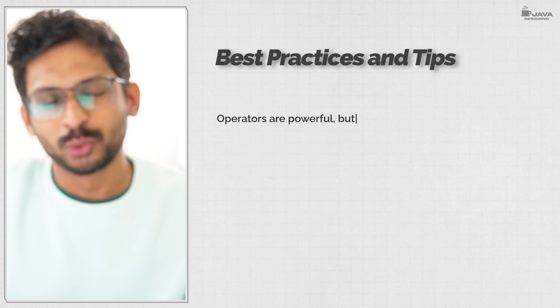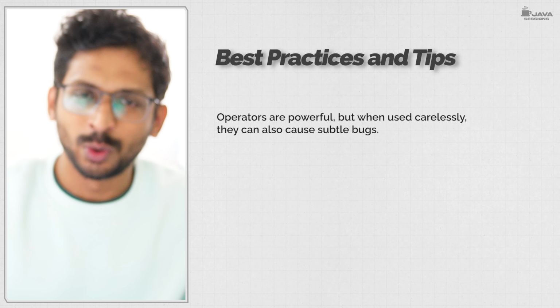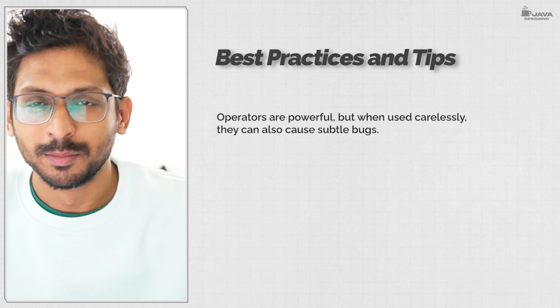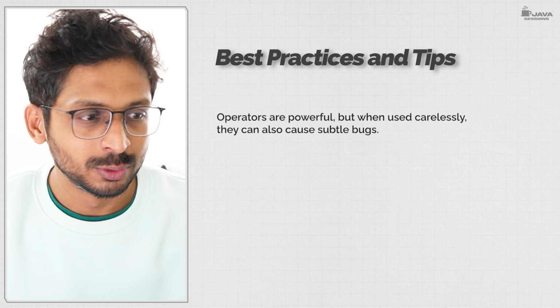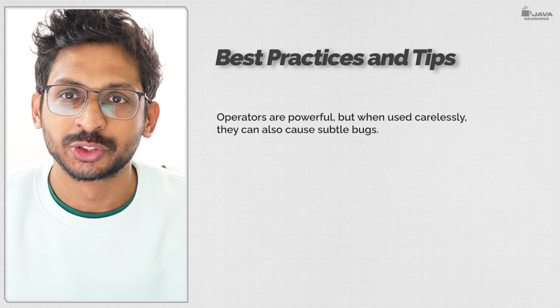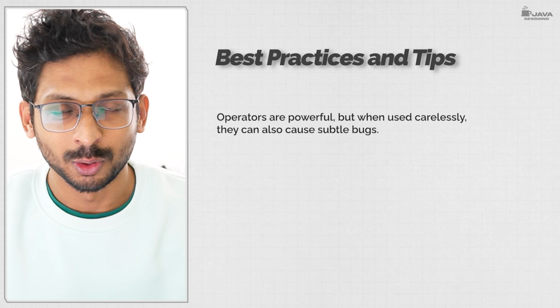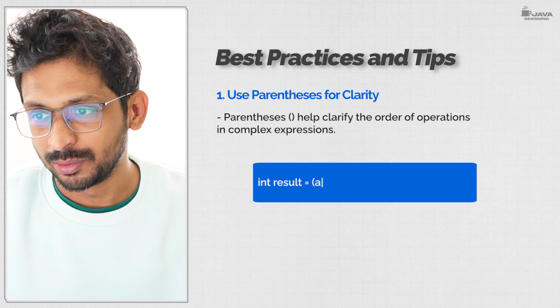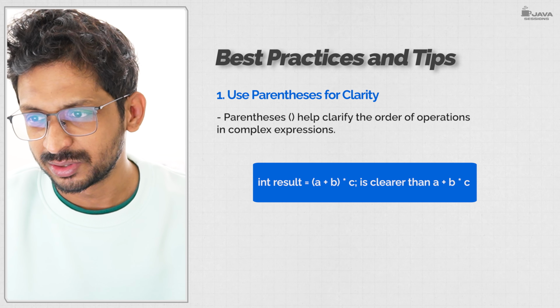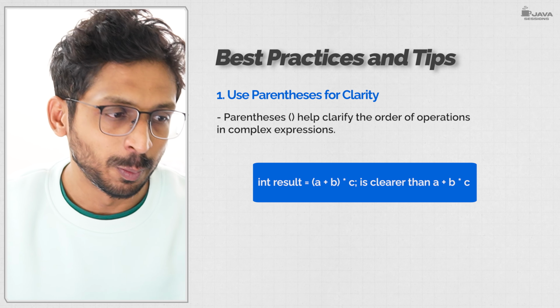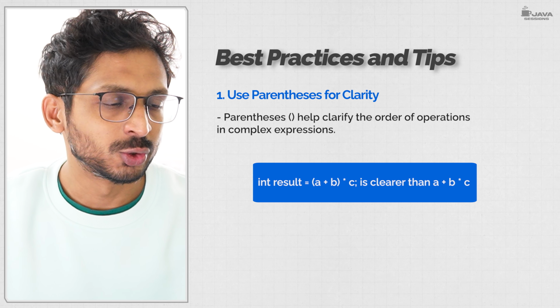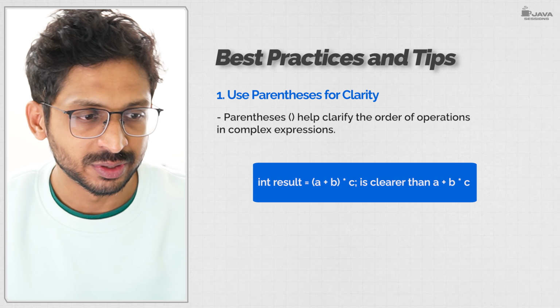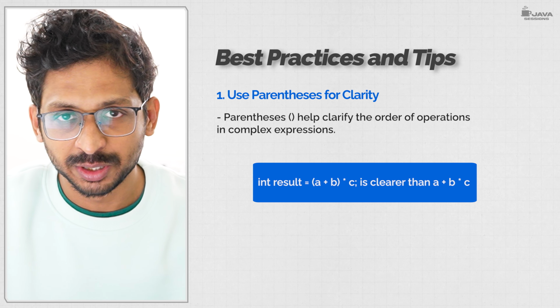Now let's quickly go through some of the best practices and tips while working with operators, because operators are indeed powerful concepts, and when used carelessly they might cause a lot of bugs and issues in your code. Use parentheses for clarity. In this case we have used parentheses to group together the operation. Always use parentheses to make the order of operations clear, especially in complex expressions.